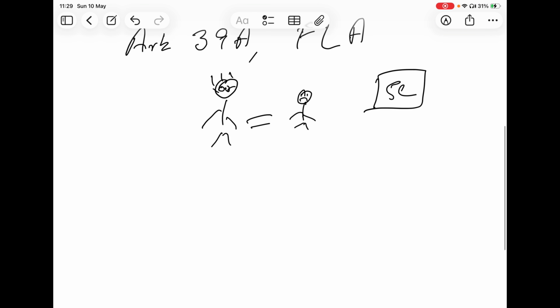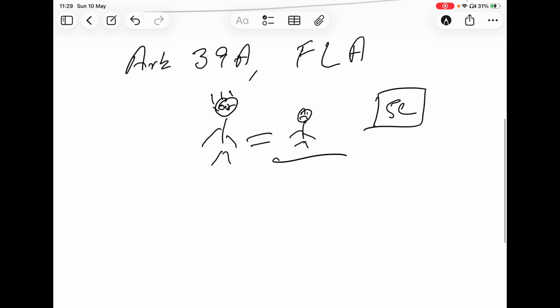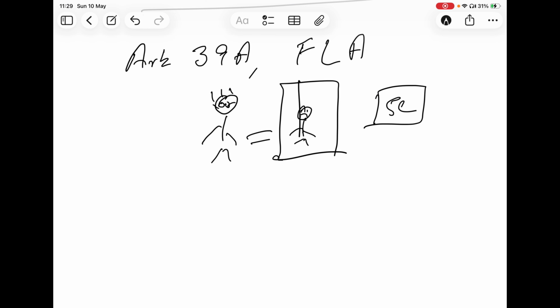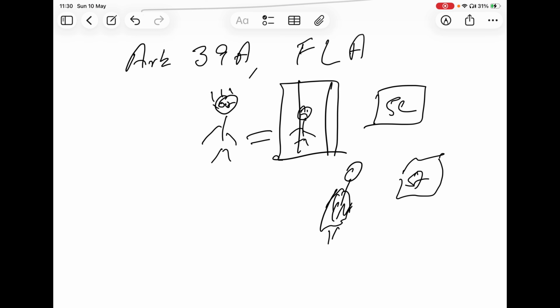For example, imagine a poor laborer is wrongly accused in a criminal case but cannot afford a lawyer. In such a situation, the state should provide a free lawyer so that the person can properly defend the case. So, this is the idea behind free legal aid, which is Article 39A.